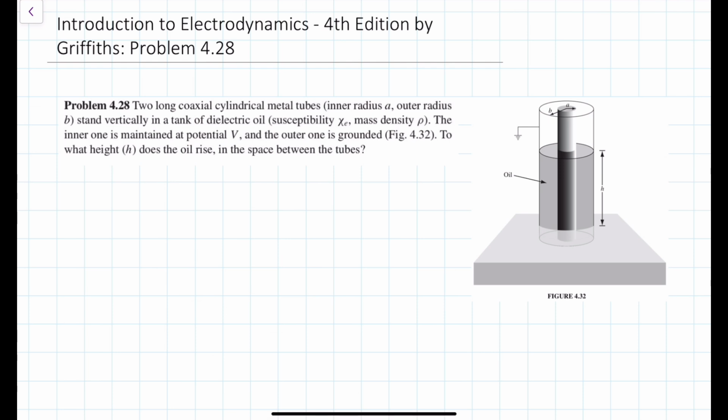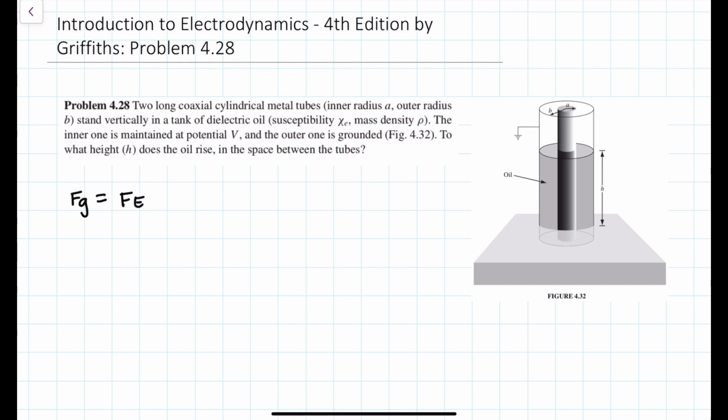To start off, we can state that this oil will experience two forces that are balanced. First is the force exerted by gravity, and the other is the electric force on the dielectric.